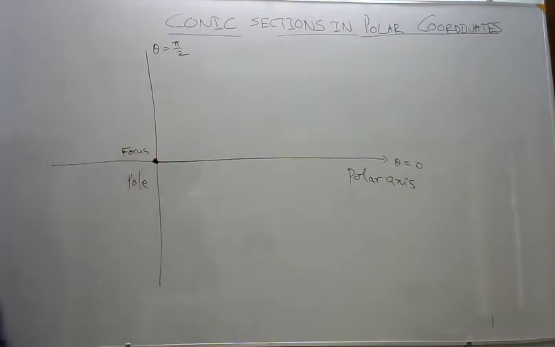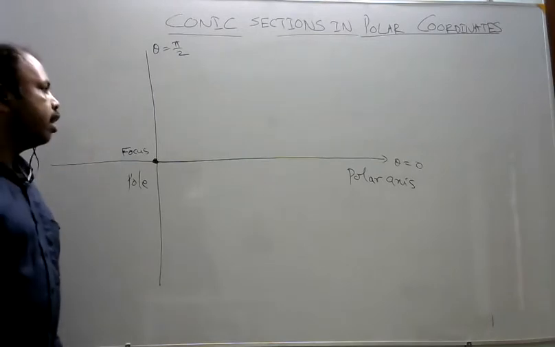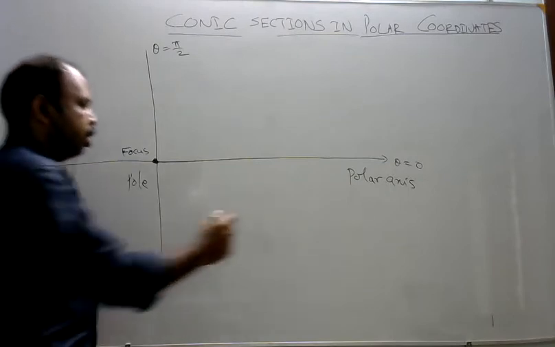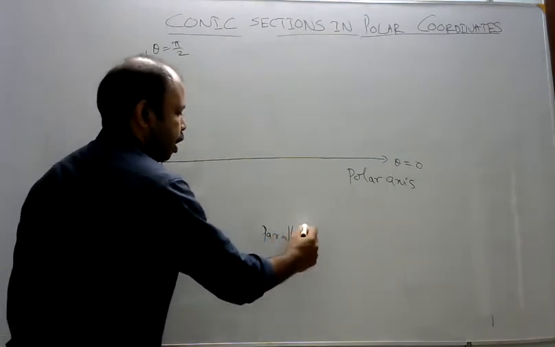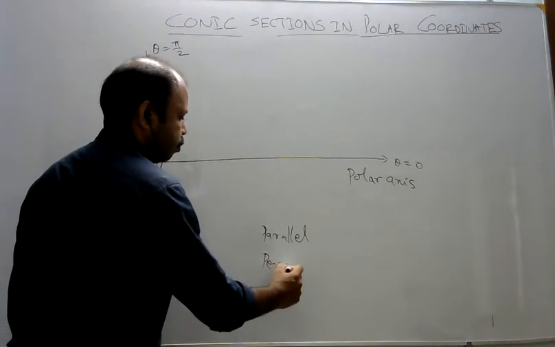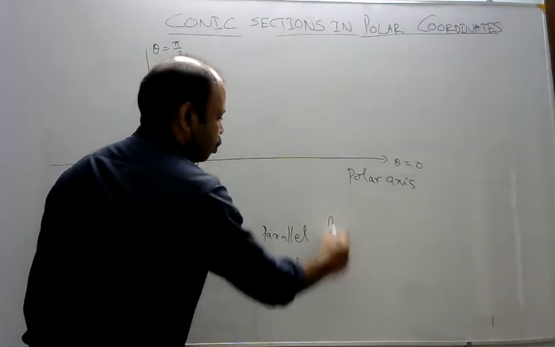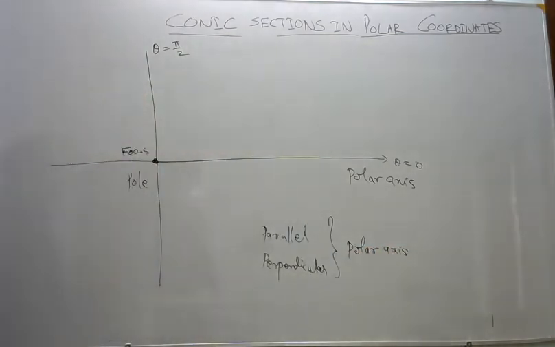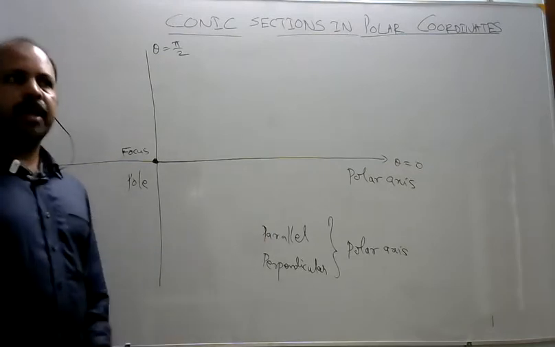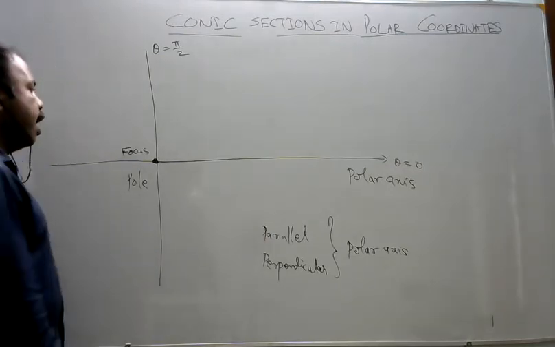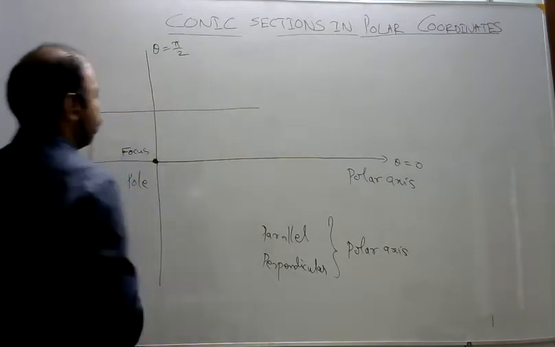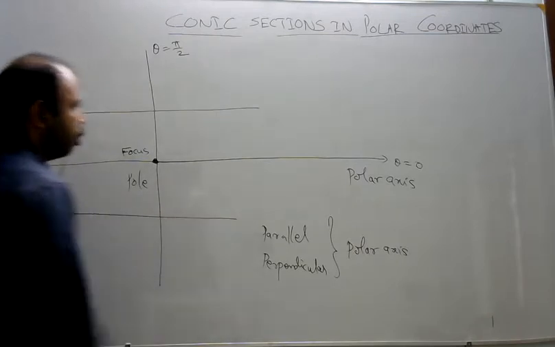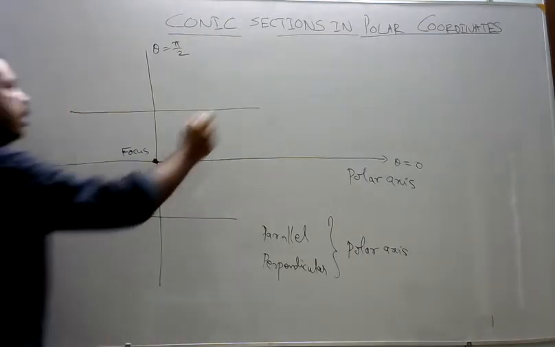Now consider the position and nature of the directrix. The directrix can be either parallel or perpendicular to the polar axis. Depending on the position, these two cases can again be classified into two cases. Parallel means it can be either above the pole or below the pole.